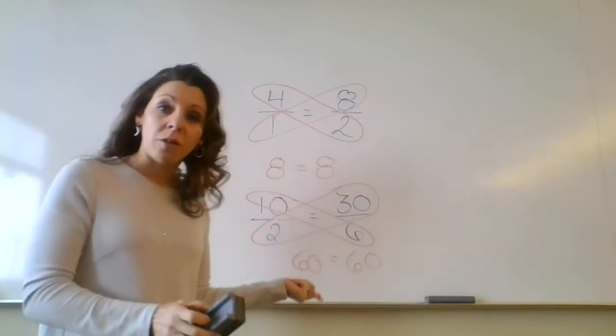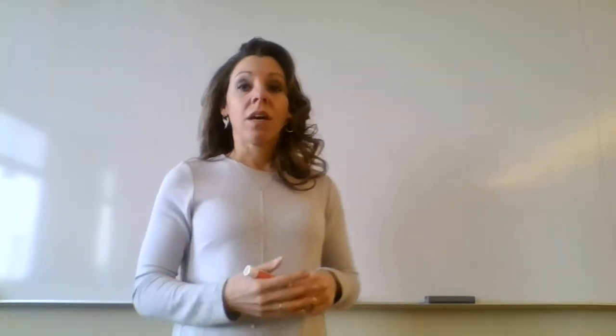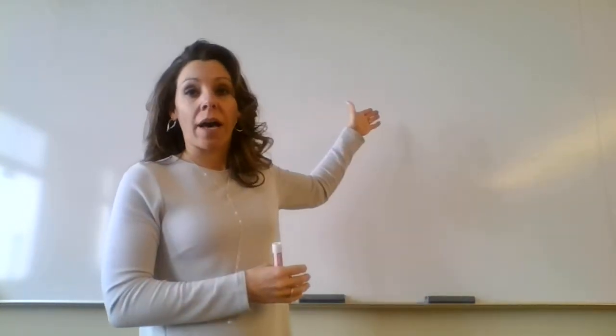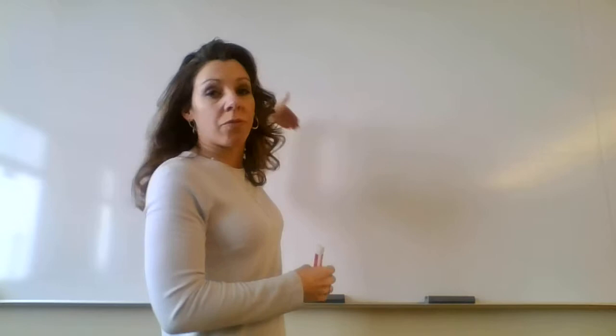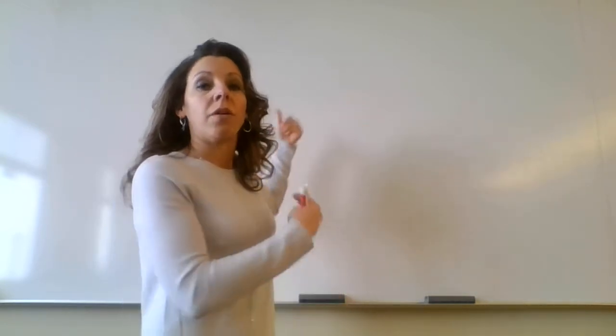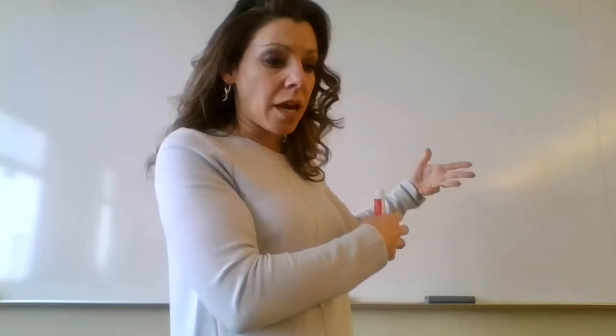This can be a really helpful skill when we need to solve a proportion that doesn't have quite as obvious a scale factor. For instance, we went from 1 to 2, and it was very clear that that was times 2. From 10 to 30, it was very clear that that was times 3.